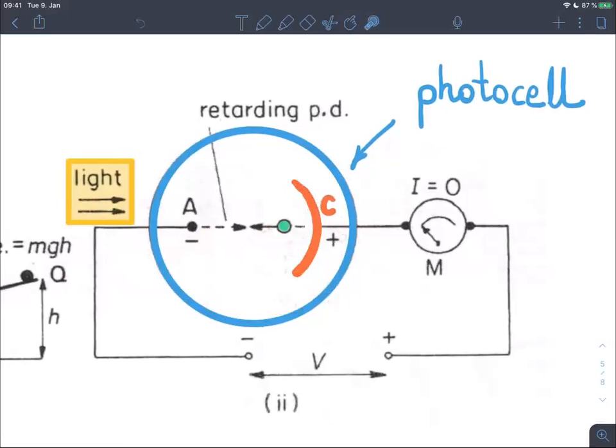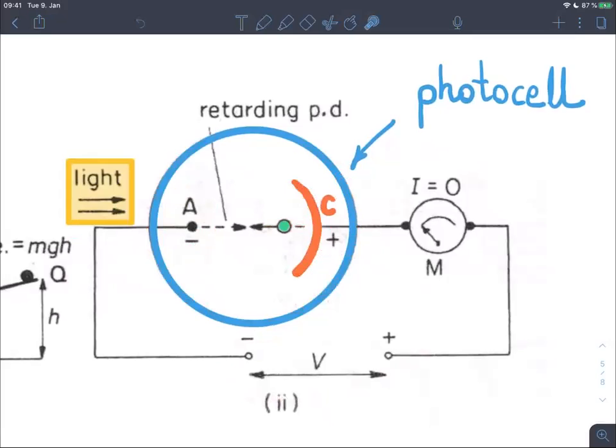The ejected electrons will reach terminal A and cause a current in the circuit unless we connect the power supply such that A is negative and C is positive. In other words, we apply a reverse voltage across the photocell. Why?